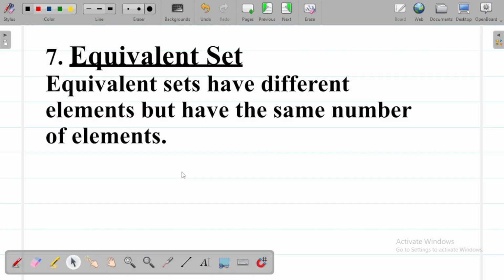All right, so let's consider the next. We have equivalent sets. What are equivalent sets? Equivalent sets have different elements but have the same number of elements. So let's take an example.